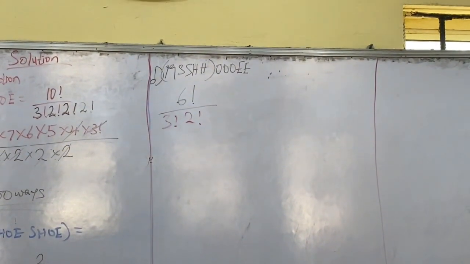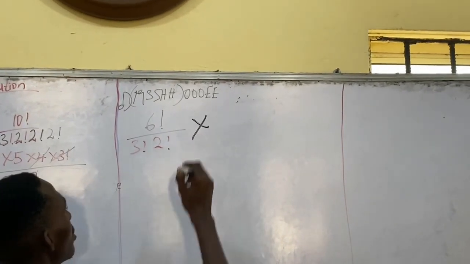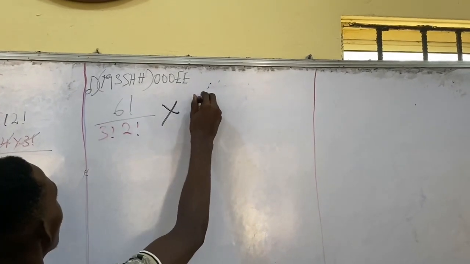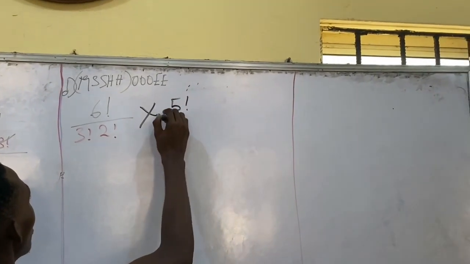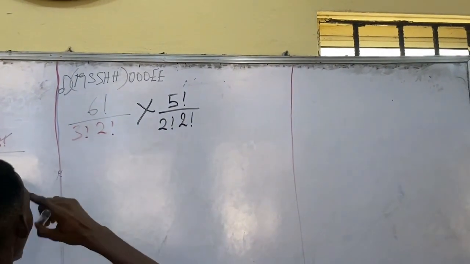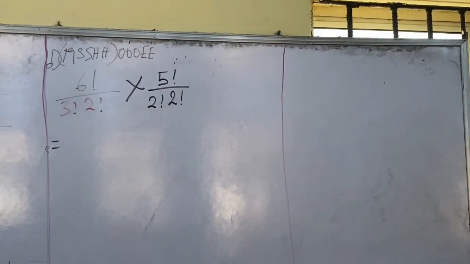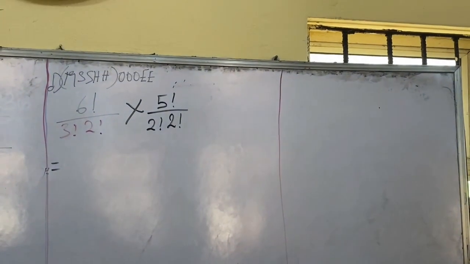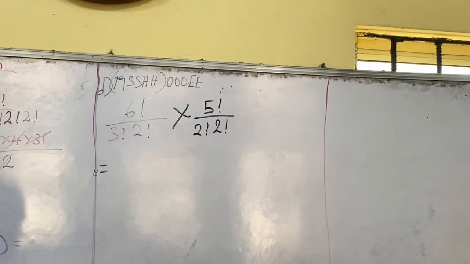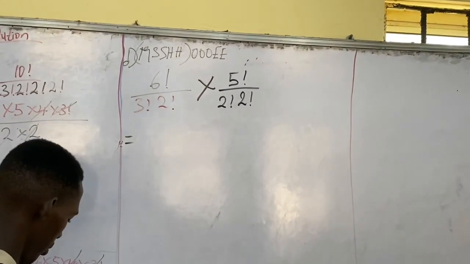So sorry about the matter. Times, then how many do you have in 1, 2, 3, 4, 5? That's 5 factorial over 2 factorial, 2 factorial. Now this will be equal to 6 factorial, 3 factorial times 2 factorial. So this is equal to 16.